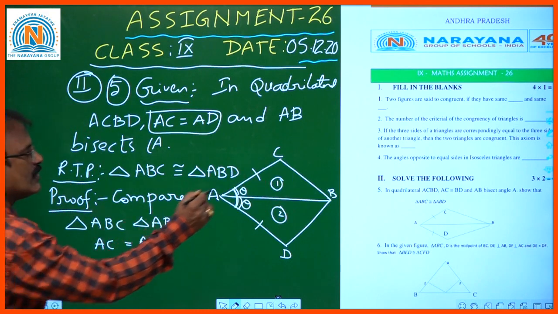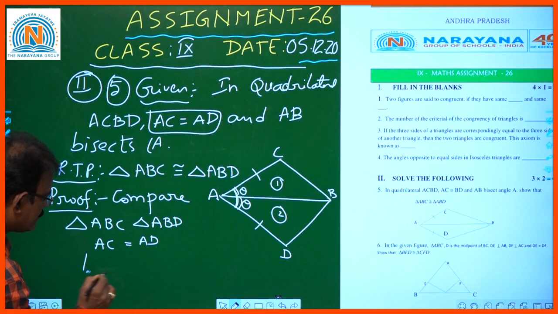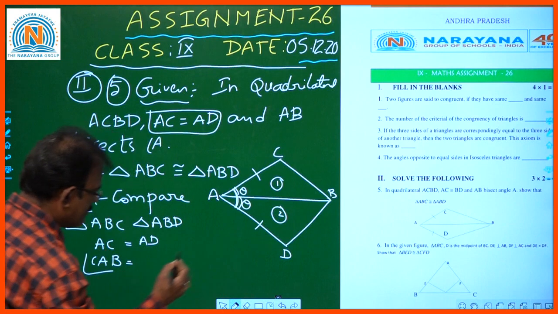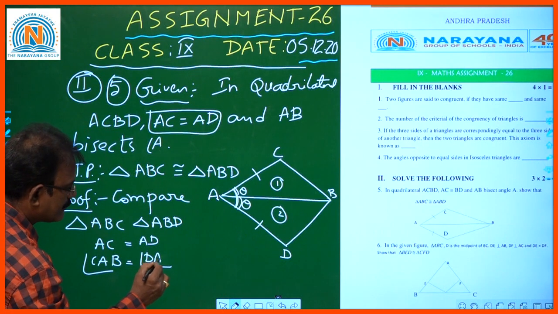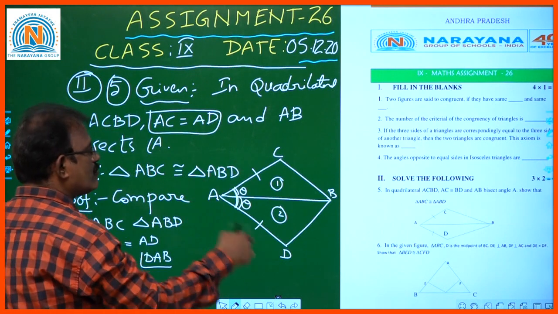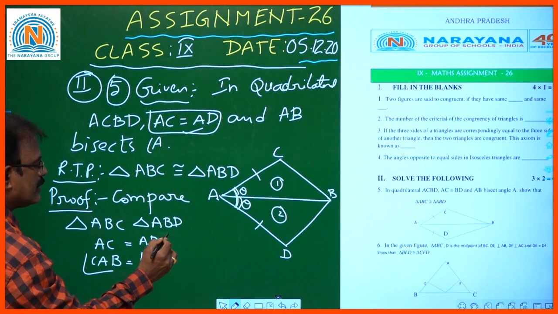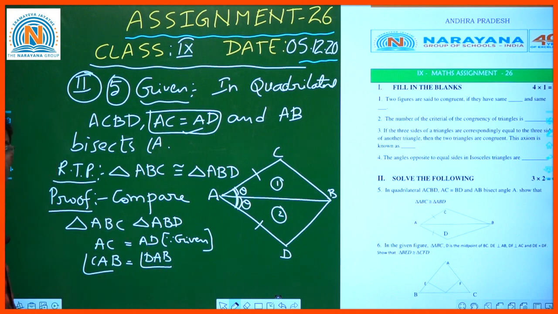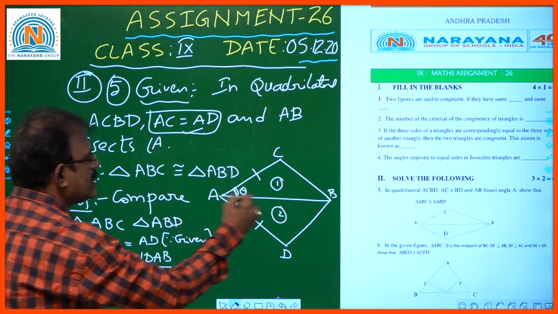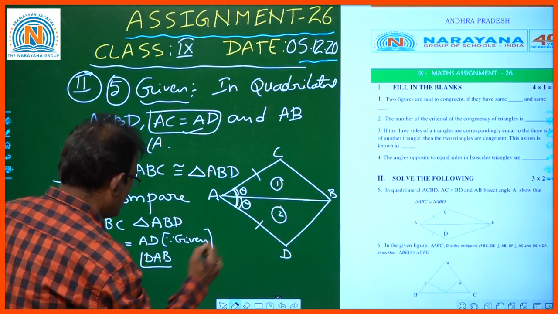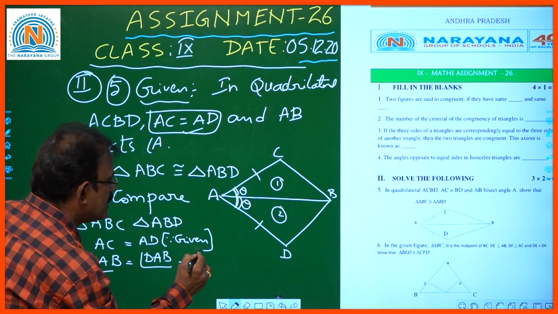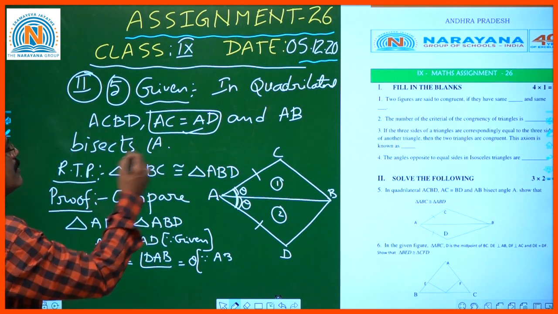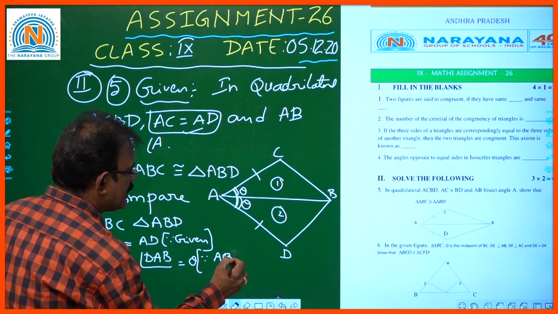That means angle CAB is equal to angle DAB, and both are equal to theta, since AB bisects angle A.